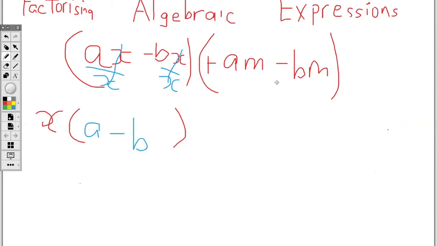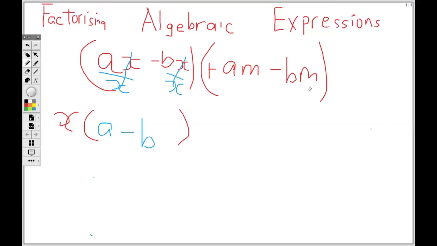In the second bracket, we look at what's common that we can factor out, and you should be seeing that m is common. So we factor out positive m. Why is it that I factor out a positive m? Again, this is positive and this is negative.